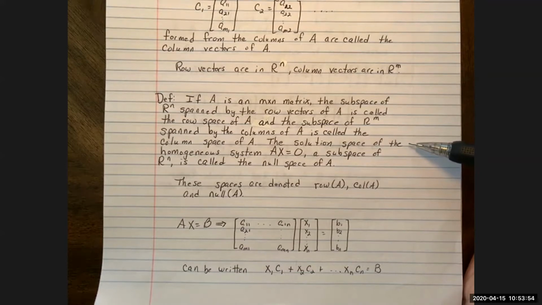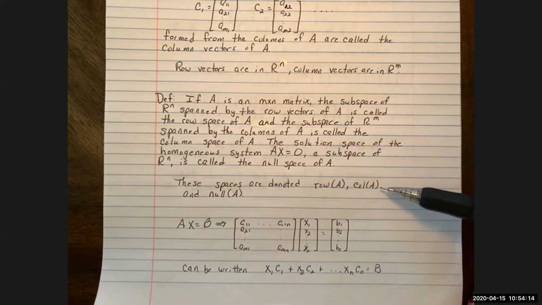And the solution space is the space of solutions to the homogeneous system AX equals 0, which we've already defined, but we wanted to redefine it in this context. That's called the null space of A. So the set of solutions to AX equals 0 is called the null space. These are the notations that we would use for those, just each word with the A in parentheses.